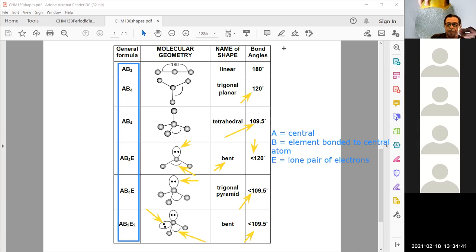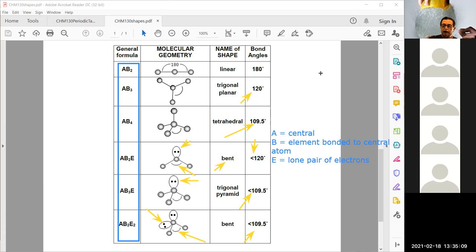Okay, so using this table, we're going to be able to come up with a geometry for the compounds. But before we figure out the general formula, you're going to be given elements to put together. We're going to use the valence electrons of every atom to determine the bonds.